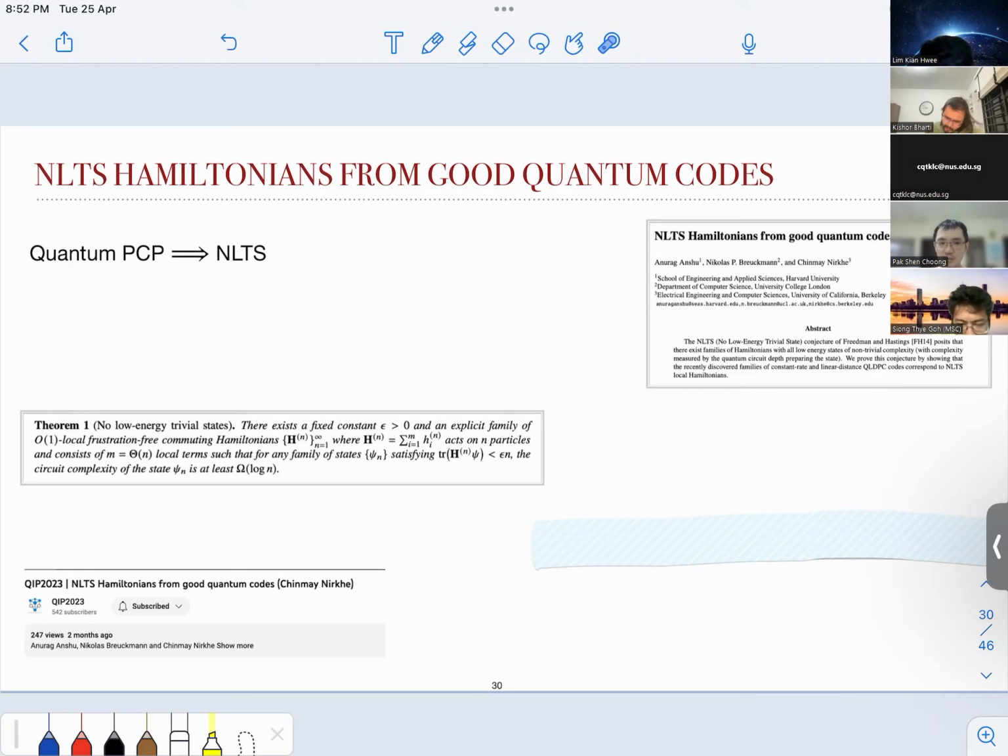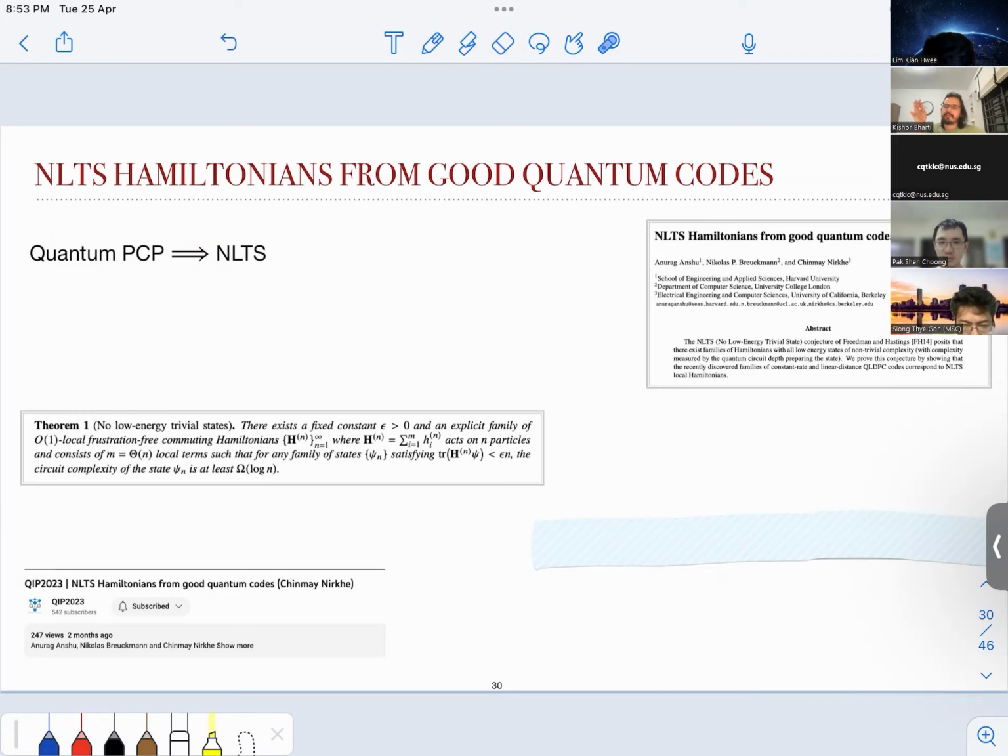So the NLTS conjecture basically says that there exist Hamiltonians such that none of the states in the low energy subspace are trivial. What does a trivial state mean? Trivial means that it can be represented classically, efficiently.